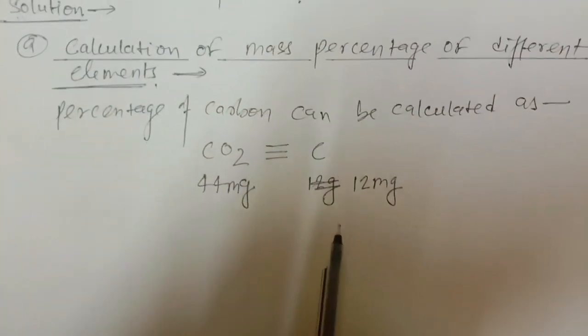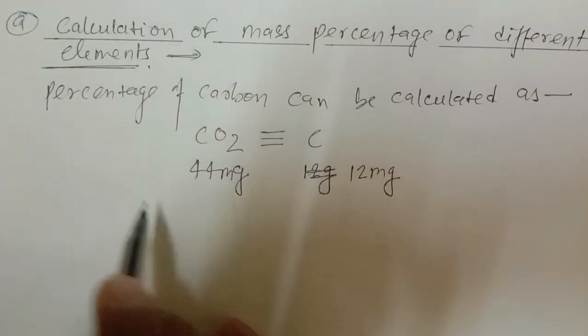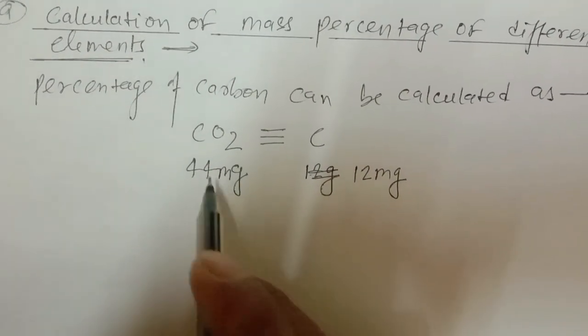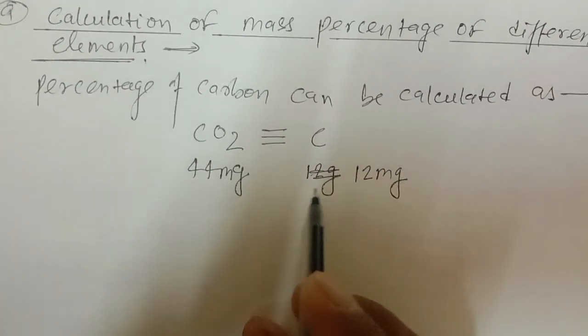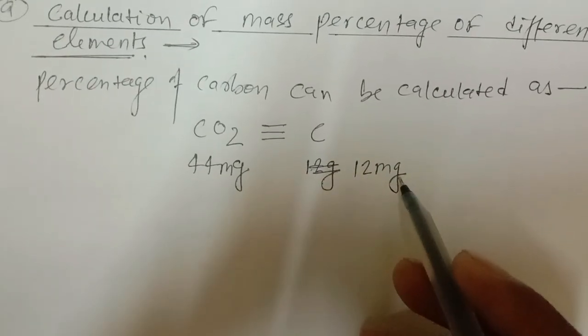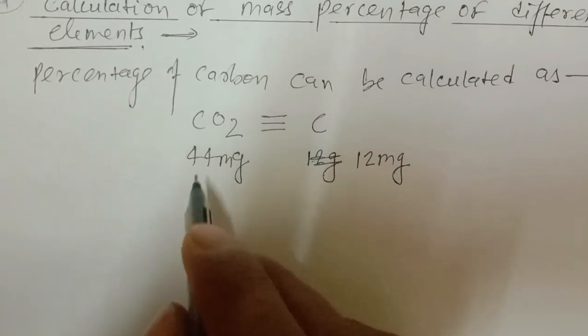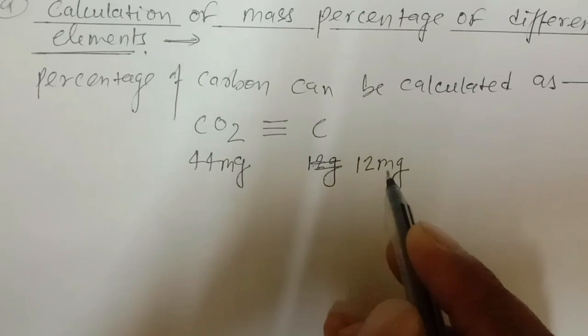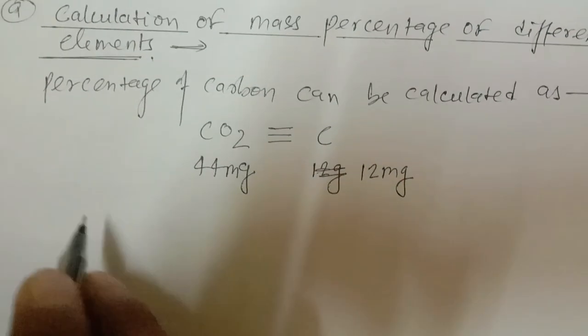So from the data, 44 gram of CO2 contains 12 gram of carbon, or simply 44 milligram of CO2 contains 12 milligram of carbon.